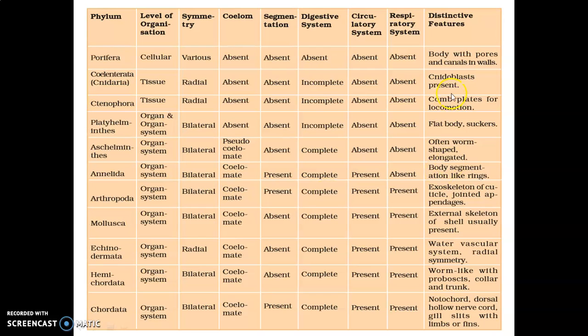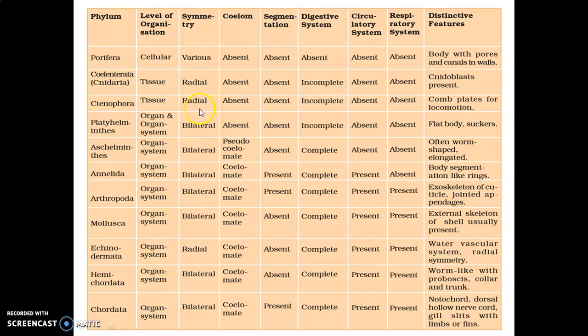Here the fundamental features are given: level of organization, then symmetry, then presence of body cavity, coelom, body segmentation, specialization of digestive system, circulatory system, characteristics of respiratory system, and some special features of particular phylum. So from level of organization, it is very clear that from cellular level to organ system level, the organisms are organized.